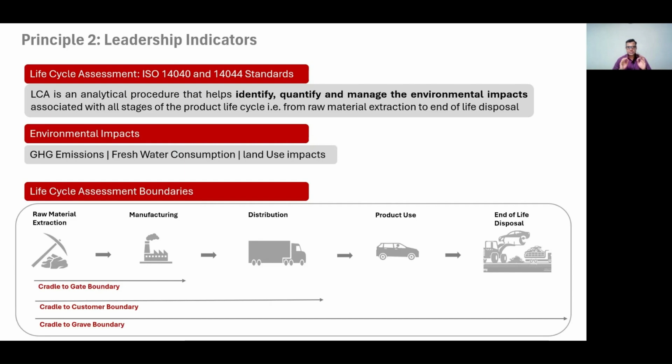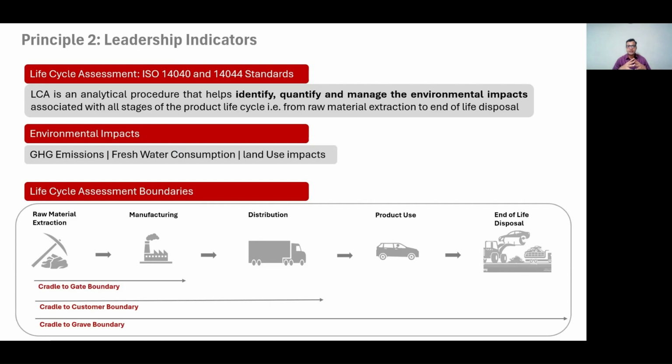Life cycle assessment is an analytical procedure that helps identify, quantify, and manage the environmental impacts associated with all the stages of the product. That is, the environmental impacts from raw material extraction, the environmental impact in manufacturing, the environmental impact in distribution of the product, the environmental impact during the use of the product, and the environmental impact when it is disposed at the end of its life.